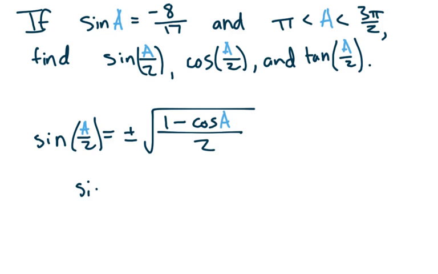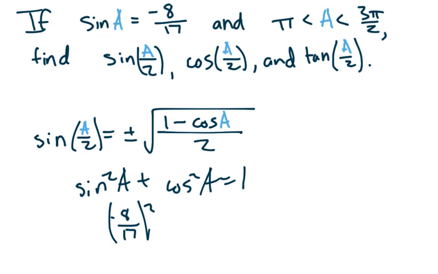So we know that sine squared of A plus cosine squared of A has got to equal 1, but we also know what sine of A is. So instead of saying sine squared A, we can say negative 8 over 17 squared, because sine of A is negative 8 over 17.